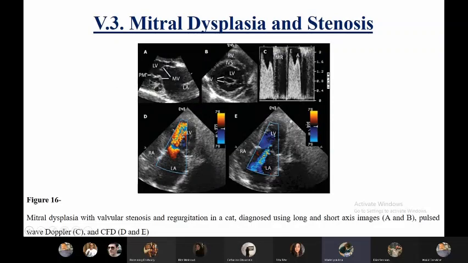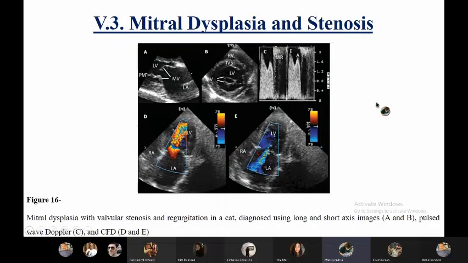And it is obvious as well that the labeled PM, the papillary muscles, are directly attaching to the leaflets, and this is abnormal. There should be chordae tendineae between them. So this proves that there is extreme shortening of the chordae tendineae, which is diagnostic of dysplasia.